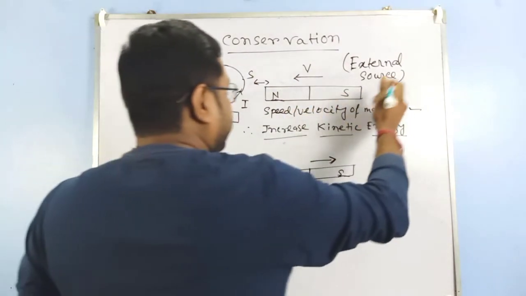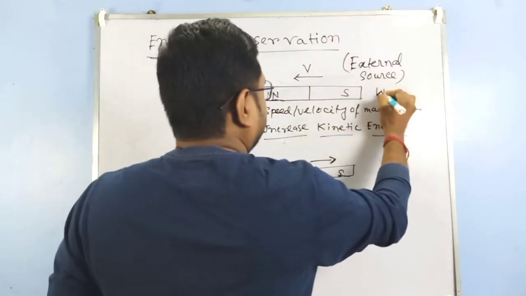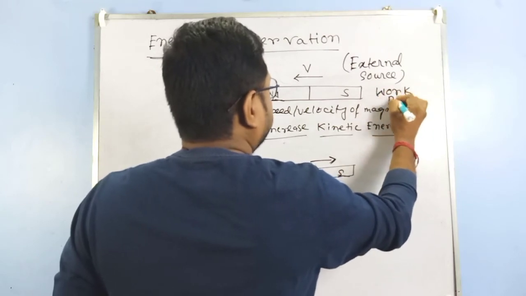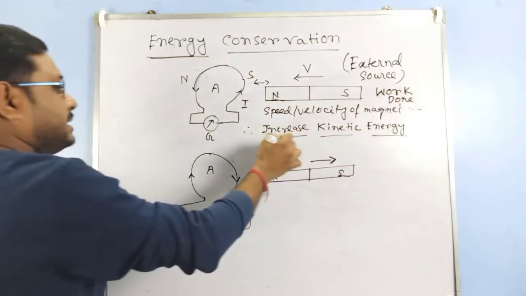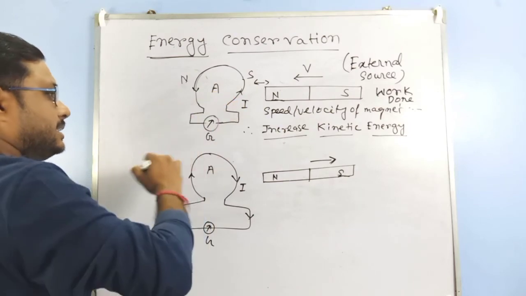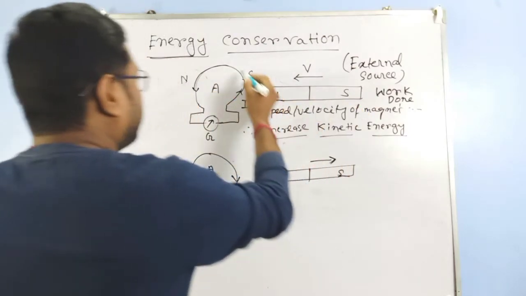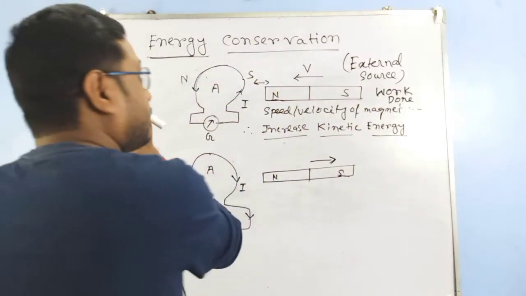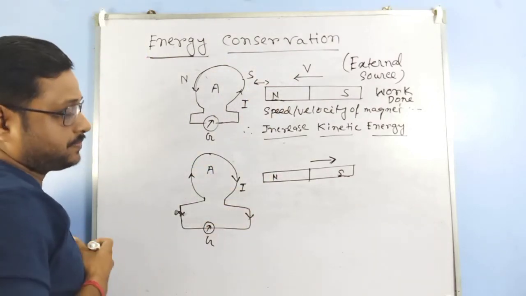That is, without any work done or external source, the kinetic energy is converted into electrical energy. That is, the more the kinetic energy, the more will be the electric energy. But this is a violation of energy conservation.